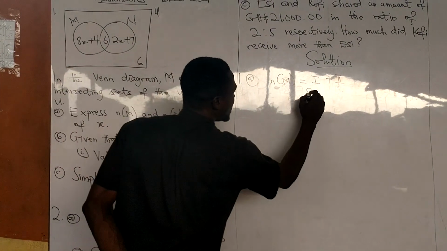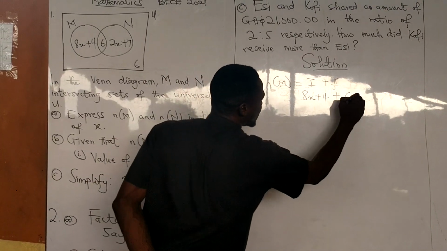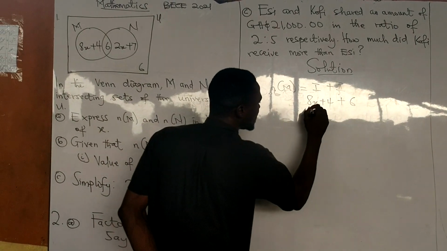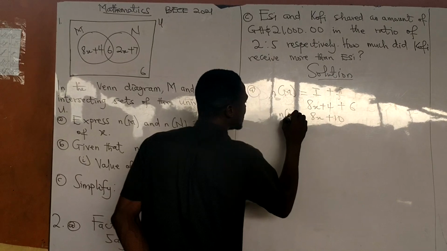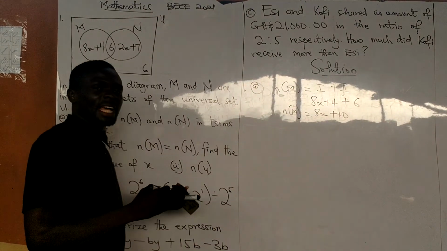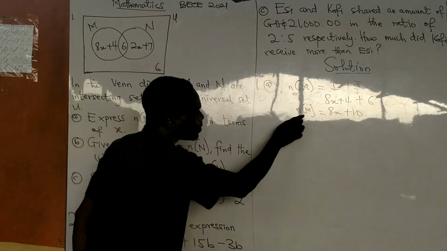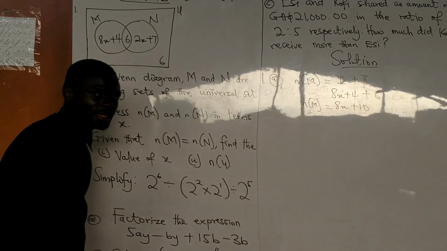So I is 8x plus 4, plus II, 6. If I put this together, I'm going to get 8x plus 10. So we have the number of M to be 8x plus 10. So I have expressed n(M) in terms of x.